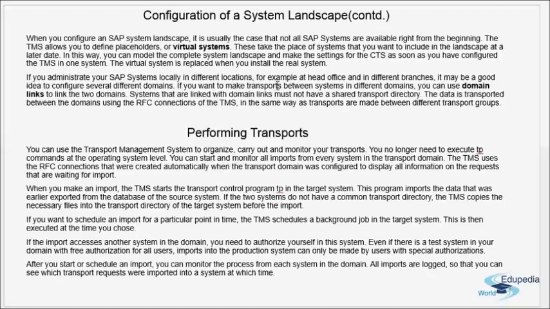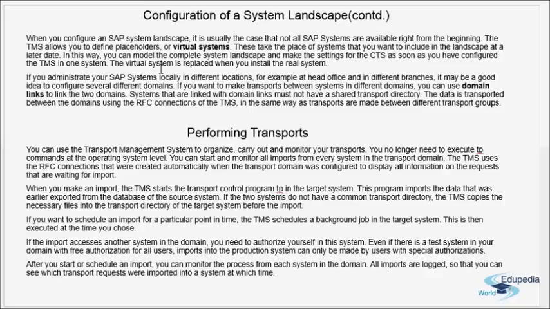The virtual system is replaced when you install the real system. So when we establish a TMS in a system landscape, we create virtual systems and leave them. Later when the actual system is built, the virtual system is replaced by the real system.